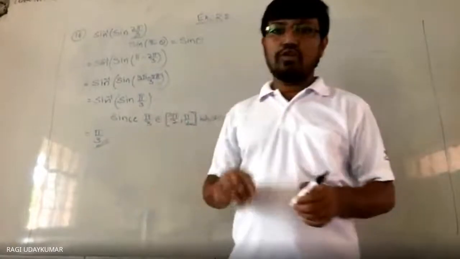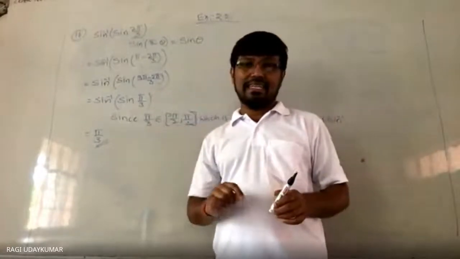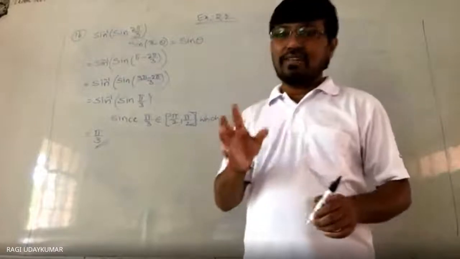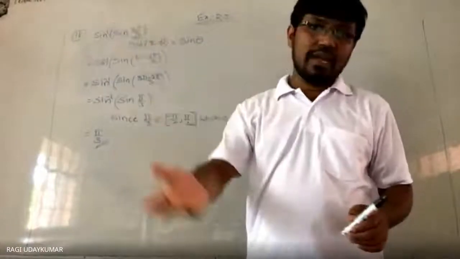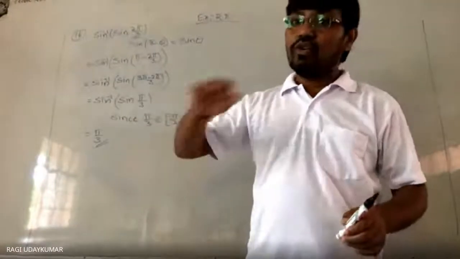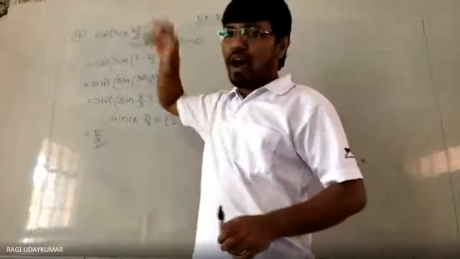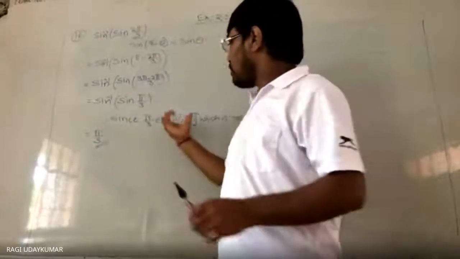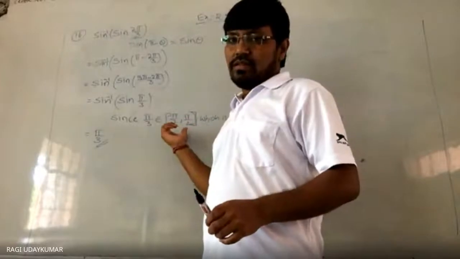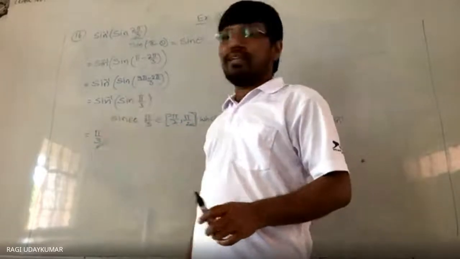And minus π/2 to plus π/2 means minus 90 degrees to plus 90 degrees. So 120 degrees is not there. It is going outside. So we need to reform this into a form which comes under this interval. Then only you can write that value.